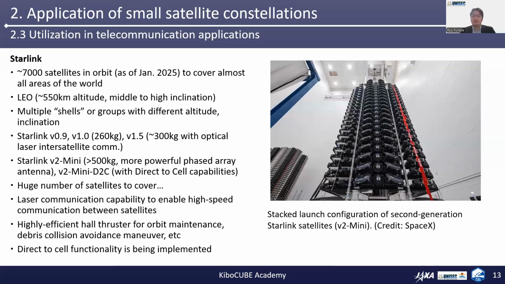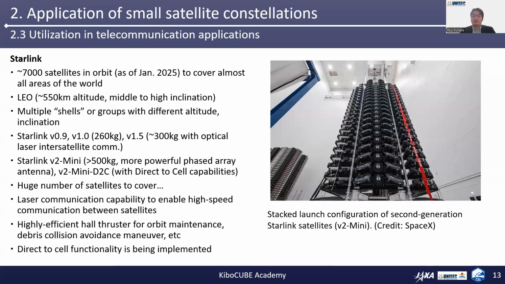The initial versions of the satellites weighed about 300 kilograms, but they have become larger and larger as more advanced functions have been implemented. One of these features is inter-satellite optical communications.